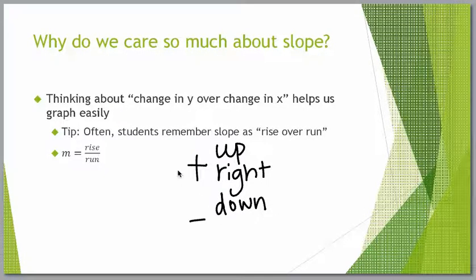So your change in y is negative, that means you're moving downward. If your change in x, your run, is negative, you're going to be going to the left instead of the right. So this may be a bit confusing now, but we are going to work through this and get these ideas more solidified.